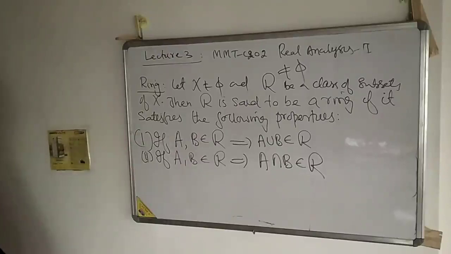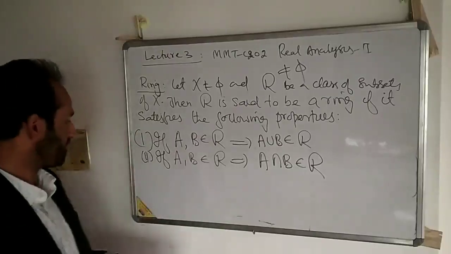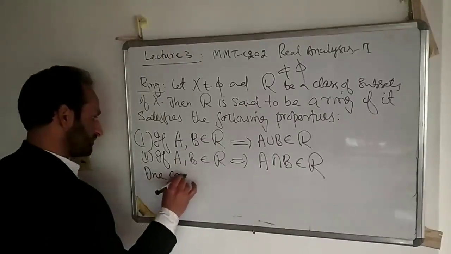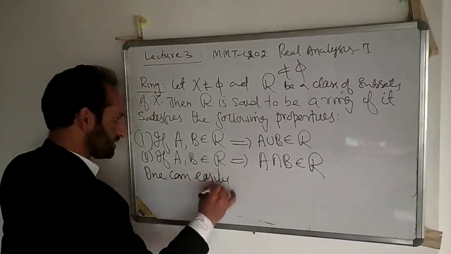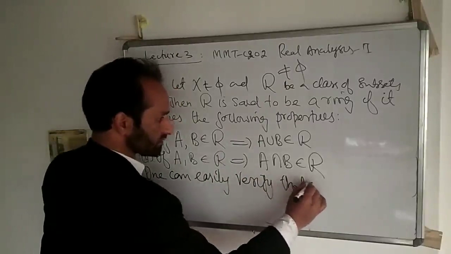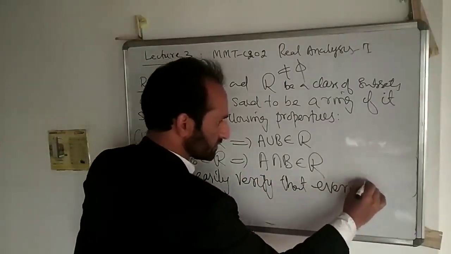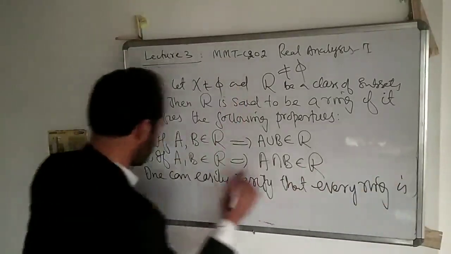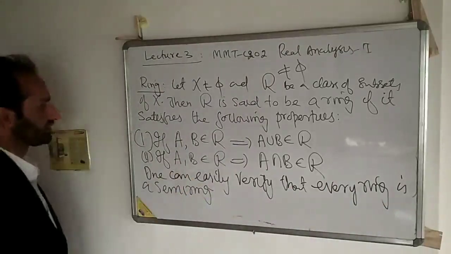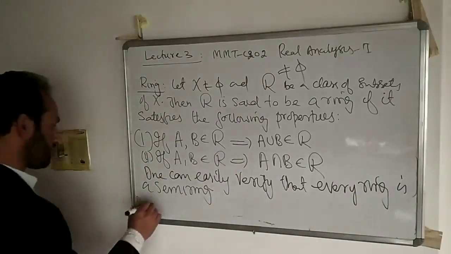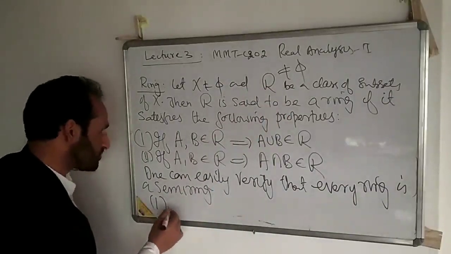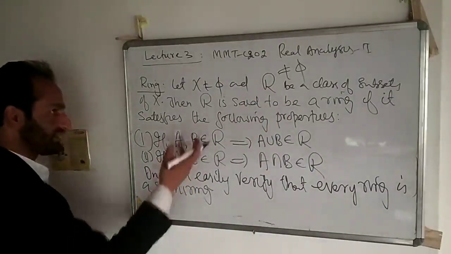Next we see that every ring is a semi-ring. One can easily verify that. The first property is trivial because phi is there. Since R is non-empty, we can choose any element of R. It has at least one element.